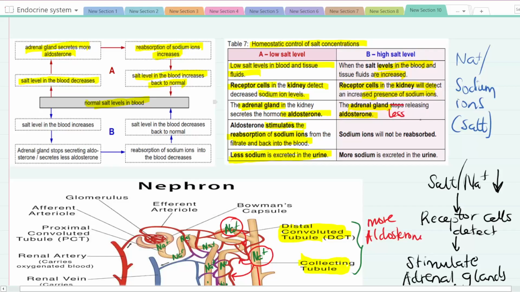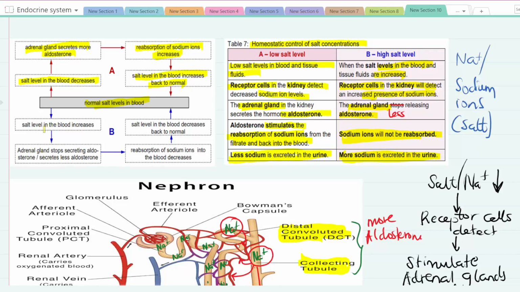So it will secrete less aldosterone, and when less aldosterone is secreted, then more sodium ions will not be absorbed. These sodium ions instead will move out of the body with the urine, just like water, and more sodium is excreted, therefore it will decrease.